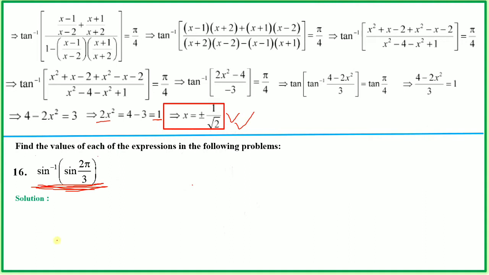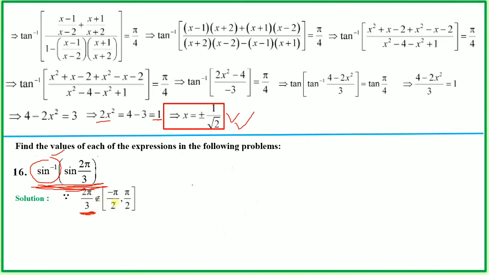So let us start. Solution for this: 2π by 3 means 60 into 2, 120 degrees, that means second quadrant, and you know that the principal branch of sine inverse falls in the first and fourth quadrants only, but this angle belongs to the second quadrant.